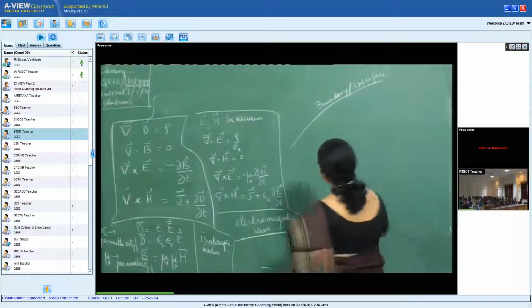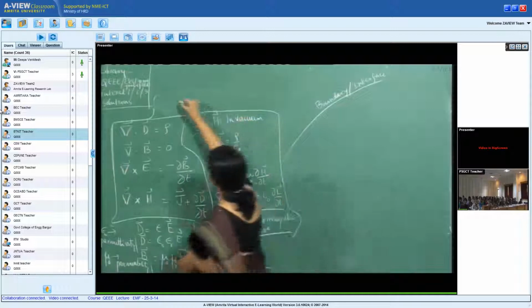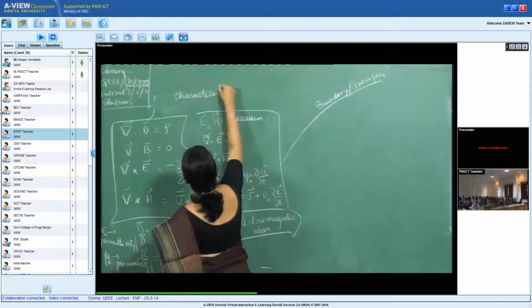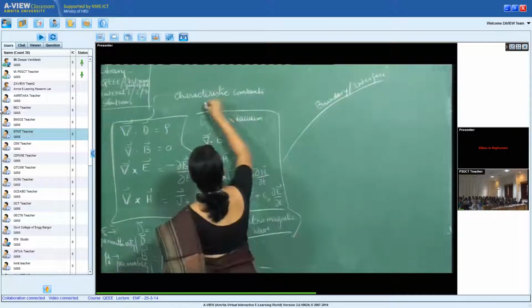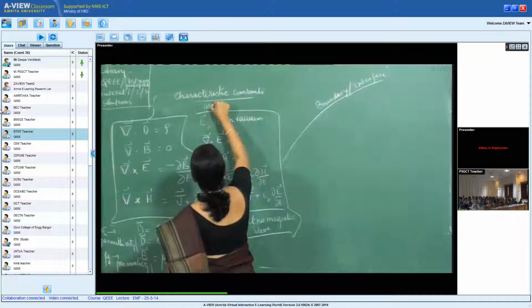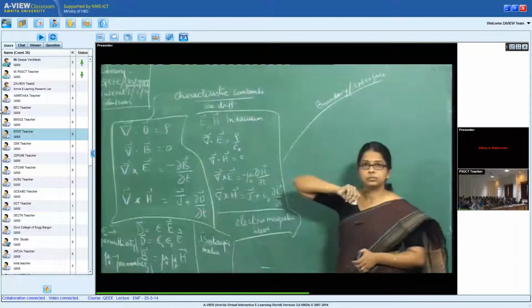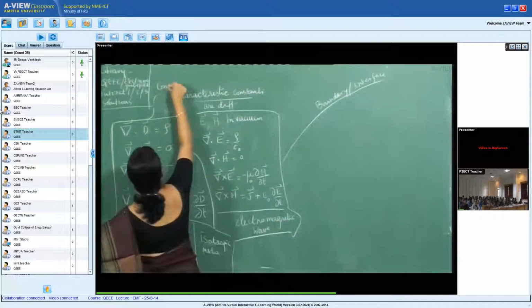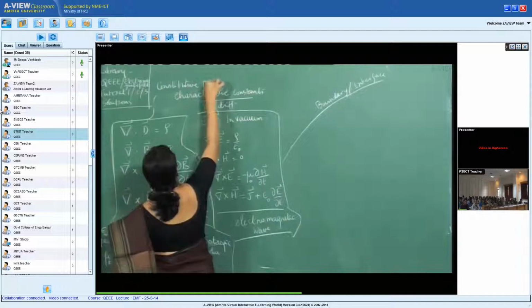The way you distinguish a boundary is that the characteristic constants are different. In fact, these characteristic constants are also called constitutive parameters.